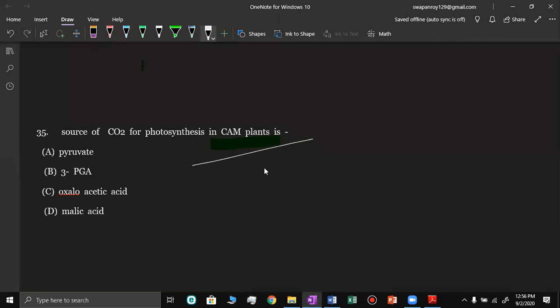CAM stands for crassulacean acid metabolism.